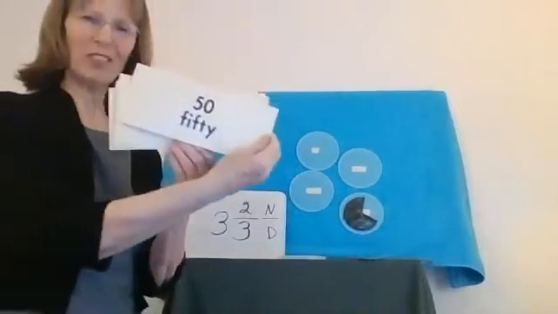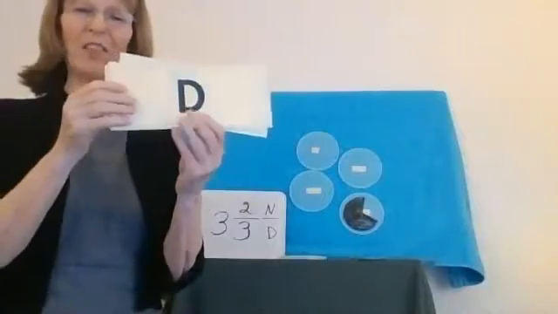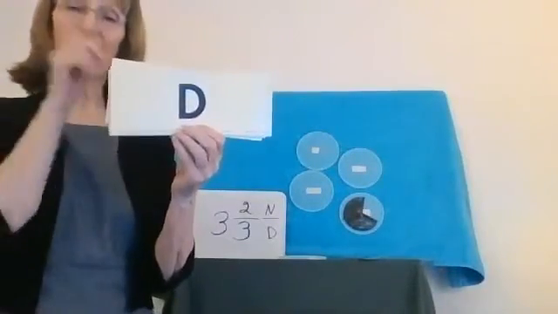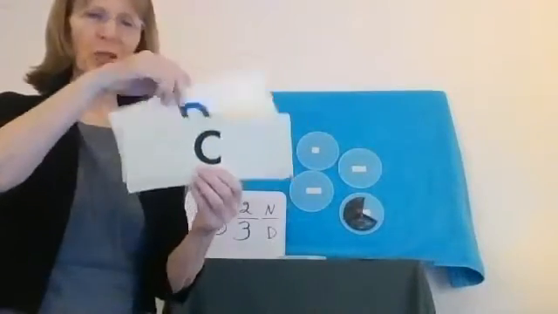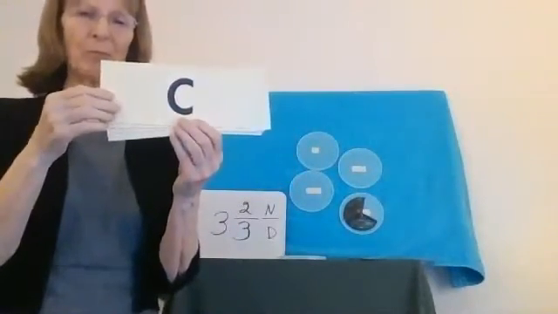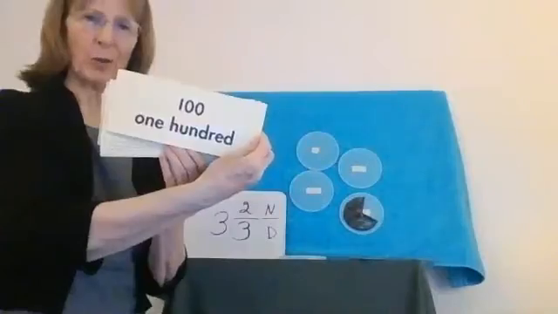You're right, a 50, good for you. And then the D would be the other 5, 500, good job. And C is 100. You did a good job on that.